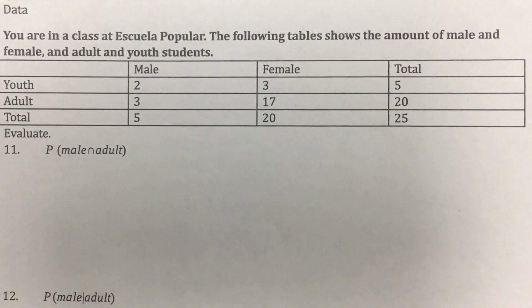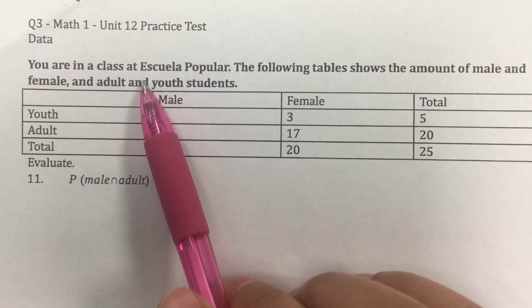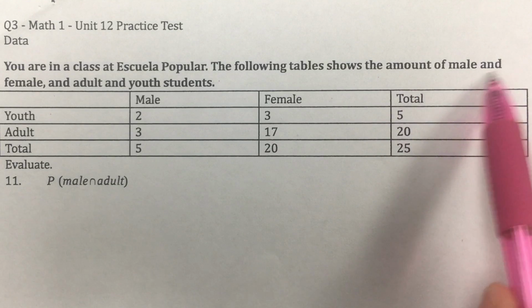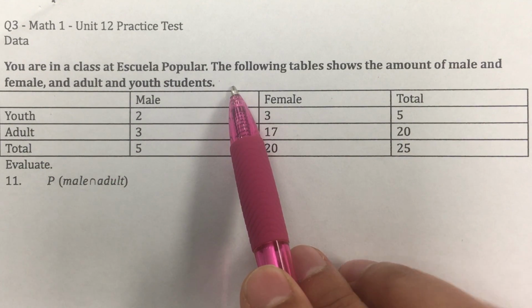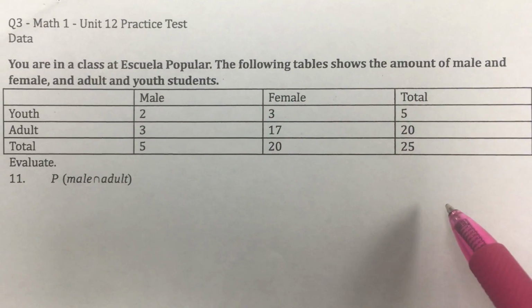Okay, this is the last two. It says you are in class at Escuela Popular. The following table shows the amount of male and female and adult and youth students. It's already filled out for you.